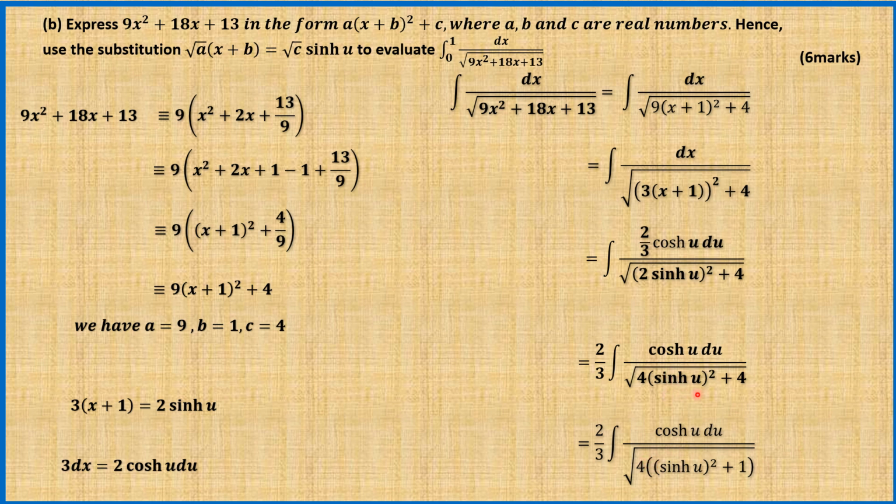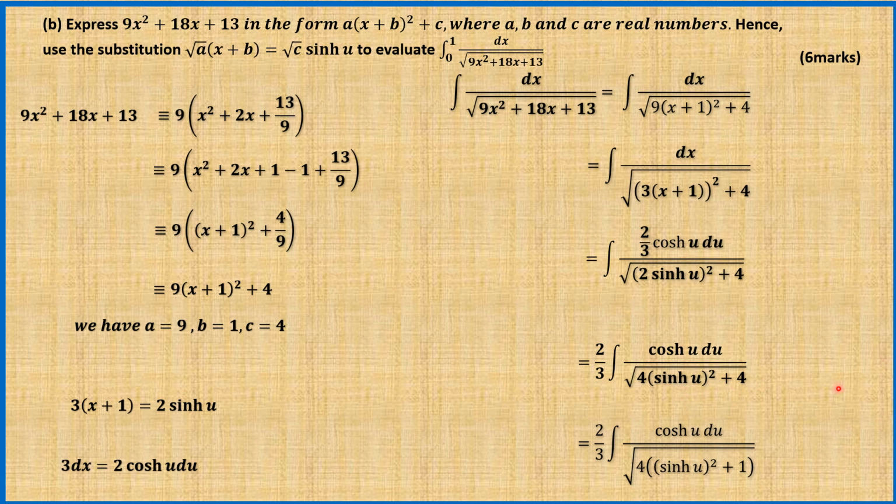Now using the hyperbolic identity, we know that cosh squared u minus sinh squared u is equal to 1. So from that relation, sinh squared u plus 1 will be what? Cosh squared, right?